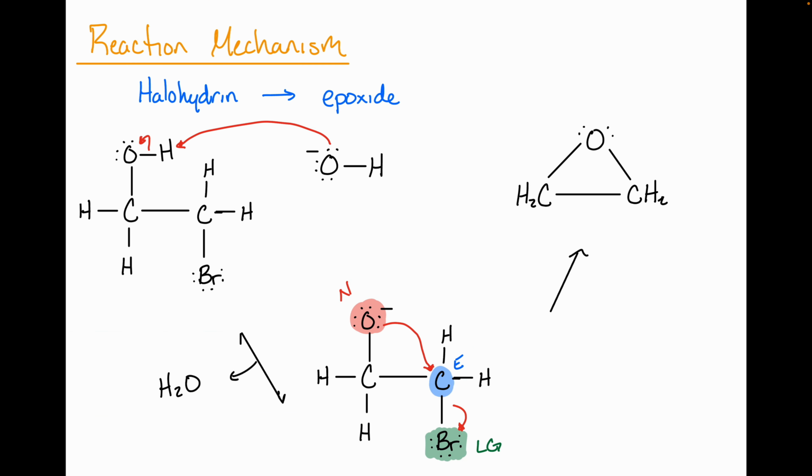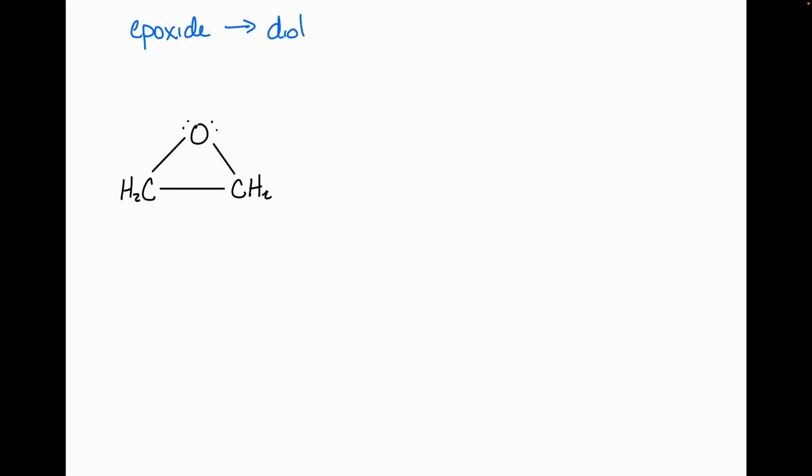All right. So now we're going to do one more here, going from epoxide to diol. The very first step here I'm going to give you because it's not super obvious, although we will see it a lot. It's a strategy that we'll see a ton when we're talking about these oxygen-containing functional groups in acidic conditions.